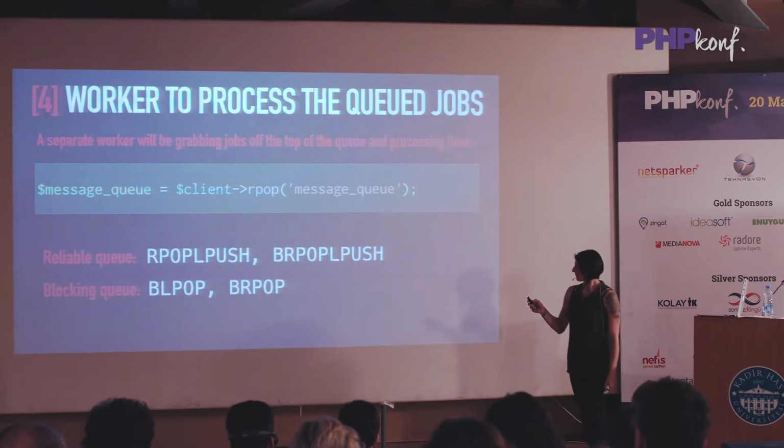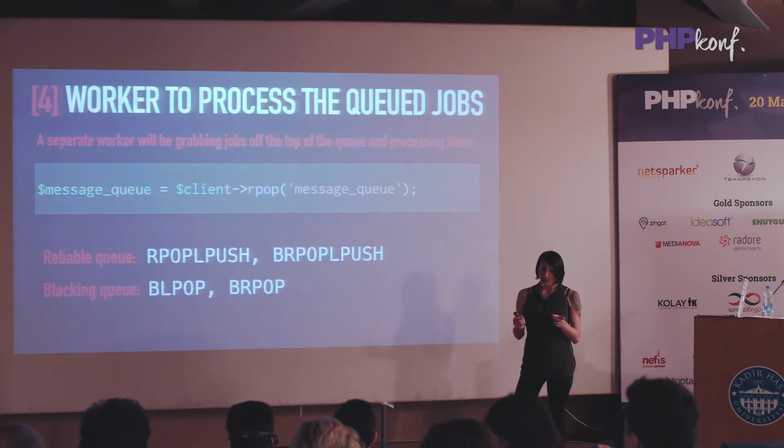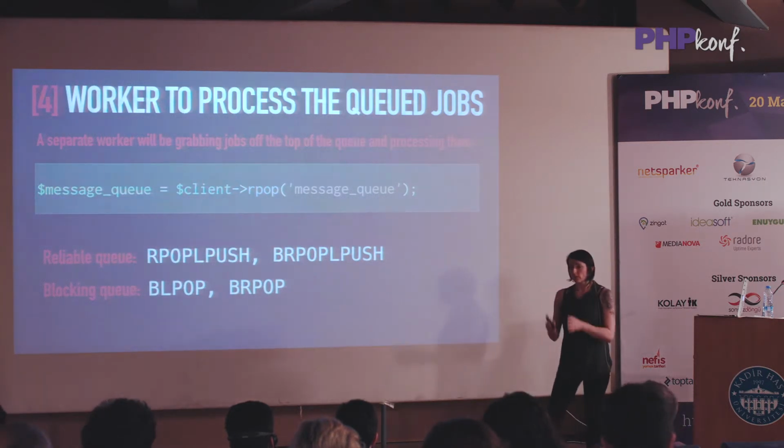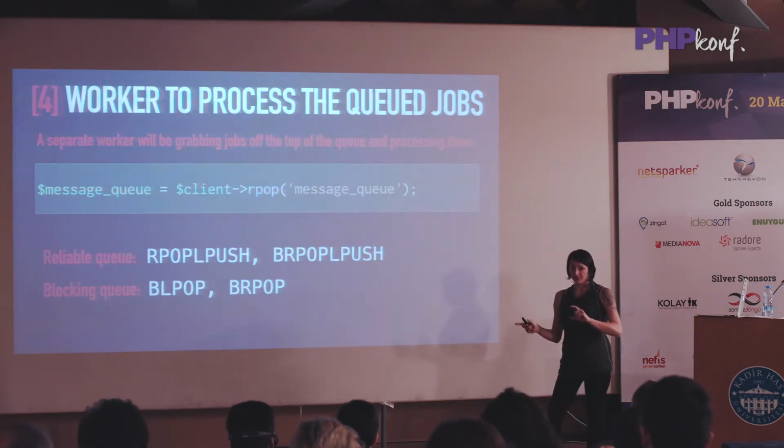That's why we have the concept of reliable queues. RPOPLPUSH. So atomically, in just one operation, it is either going to execute or fail, but either way, the tweet ID, the element, will either be in one queue or in the other.